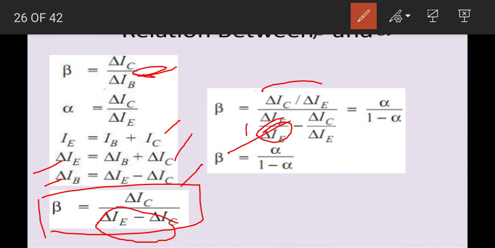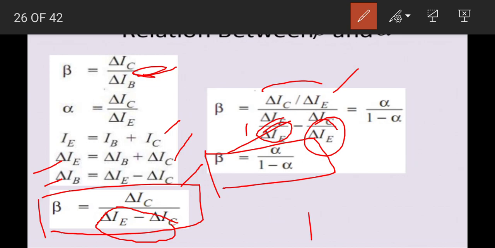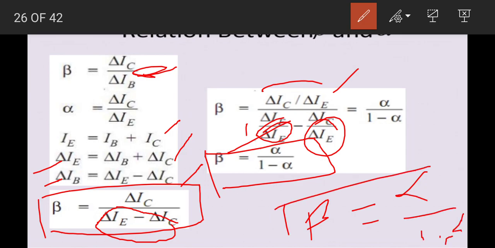This value is known as alpha, and this is also alpha. So the equation is that beta is equal to alpha upon 1 minus alpha. This is a very important equation.